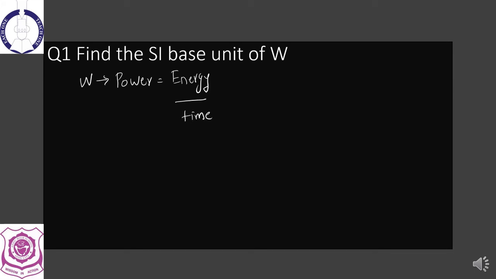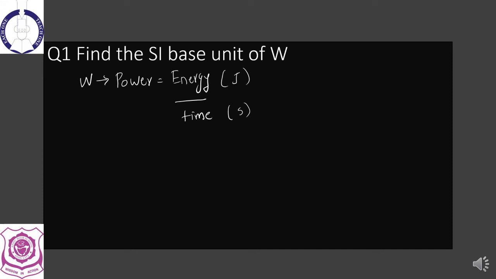So for energy, the unit is joule. For time, it's seconds. So when you look at the numerator, joule, it's not a base unit. So we need to figure out how to convert joule into base units.